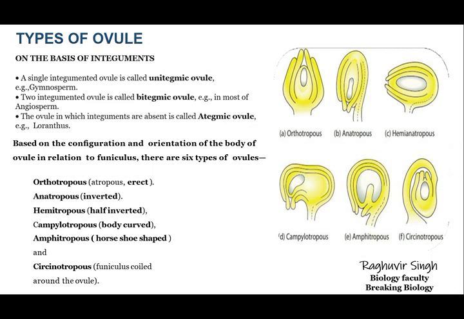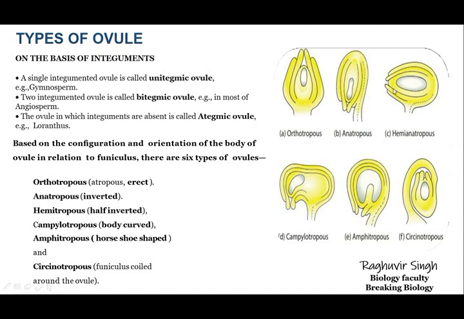You will see in most explanations of ovule, people use this anatropous ovule, so it is also called the typical ovule. If you turn the orthotropous ovule 360-degree, it will form the circinotropous ovule, in which the funicle becomes coiled around the ovule, and this is found in Opuntia.